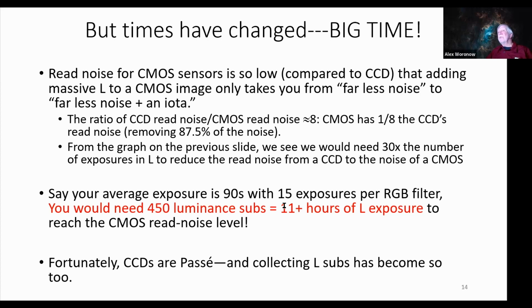That's 11 hours to get the same noise level that we have by taking no Ls with a CMOS camera. That's a hint about what taking Ls will do with the CMOS camera. And that means not very much.